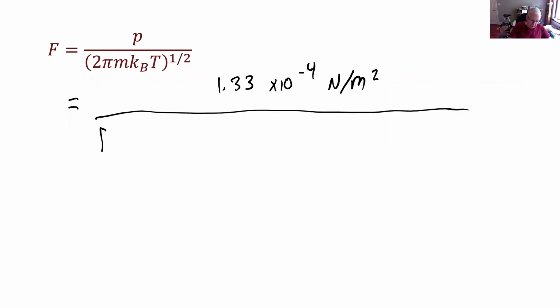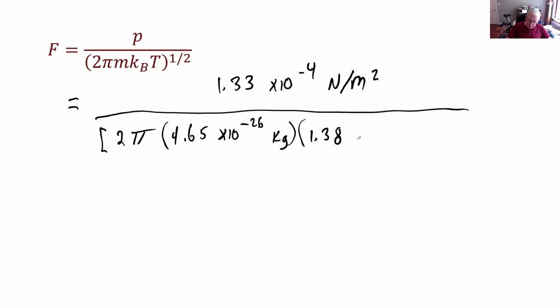Then I'm going to do some brackets because everything down here is in a square root. 2 pi, m is 4.65 times 10 to the minus 26, and that's in kilograms. I have Boltzmann's constant, which we know and love. That's 1.38 times 10 to the minus 23 joules per Kelvin. My temperature is 300 Kelvin.